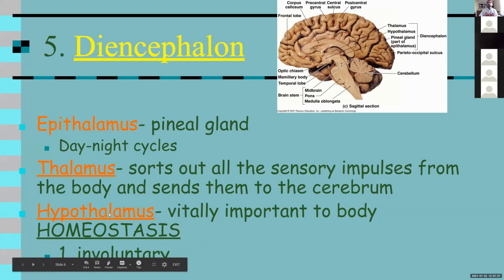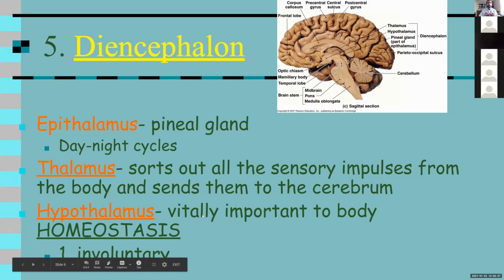The hypothalamus is another one of those brain structures that has involuntary control over body processes. Not so much like the brainstem to keep us alive, but involuntary processes that keep us healthy, that keep our body running. So in essence, not necessarily keeping us alive, but allowing us to stay alive and healthy.